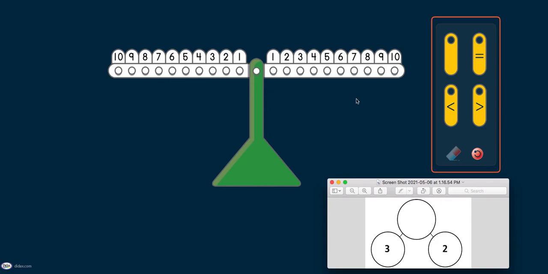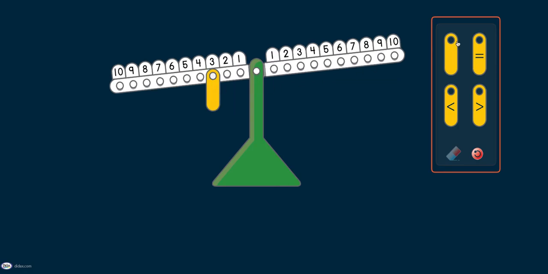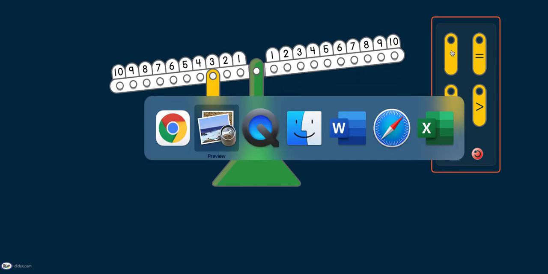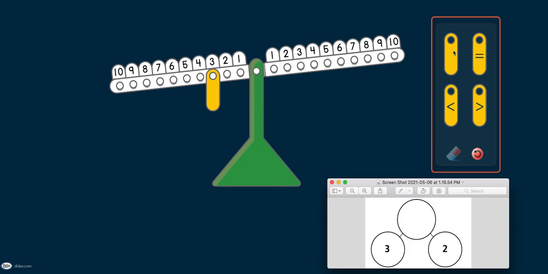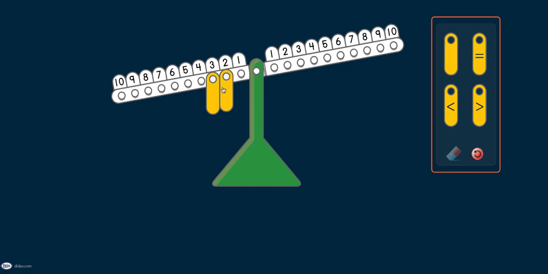The parts should be together. We have 3 and 2, right? So I'm going to get a weight and put it on 3 here. That's one part. And then the other part is the 2. So I'm going to put the 2, and again, it's important to put the 2 on that same side.